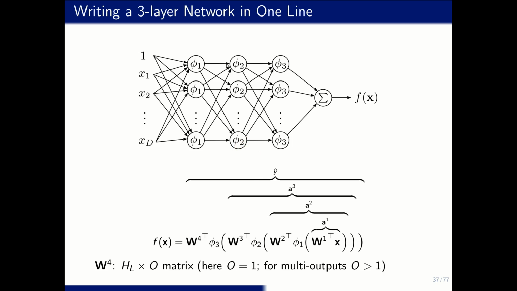And now we consider the third layer, which again just collects all the weights into a matrix W3, and W3 transposed times the output of the previous layer is now the activation for the third layer, A3. Then we apply phi3, and we get the output of the third layer. So this is up to here. And then we have essentially just these weights here, collected into a matrix W4. And again, just by multiplying this matrix with the output of phi3, we get the output.